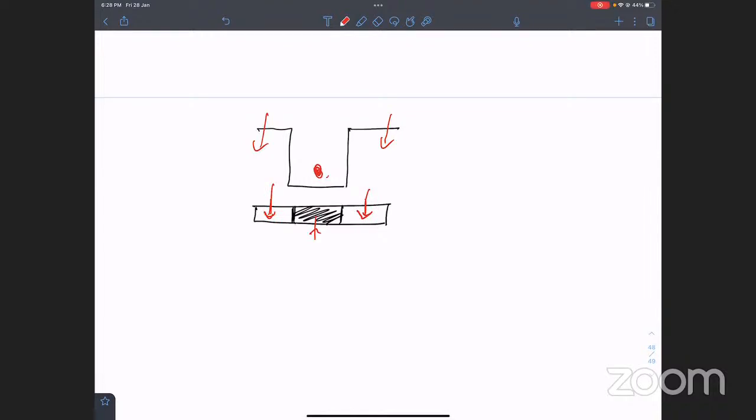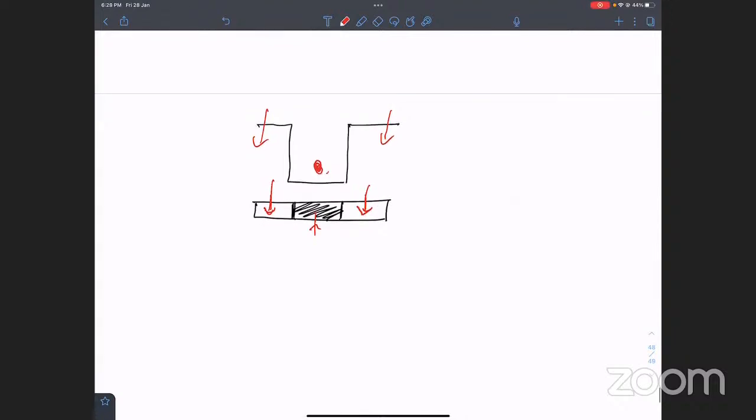However, there is no flow, meaning that the particle is not actually flowing. It's not moving.